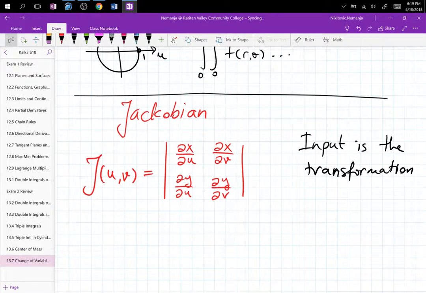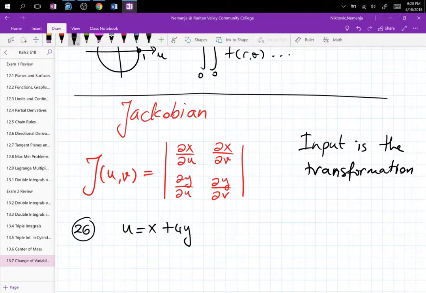So if I want to compute the Jacobian, let's do just one example. Even that is too much. Like 26. They give you the transformation u equals x plus 4y, and v equals 3x plus 2y. Right? So now we need to figure out the Jacobian.